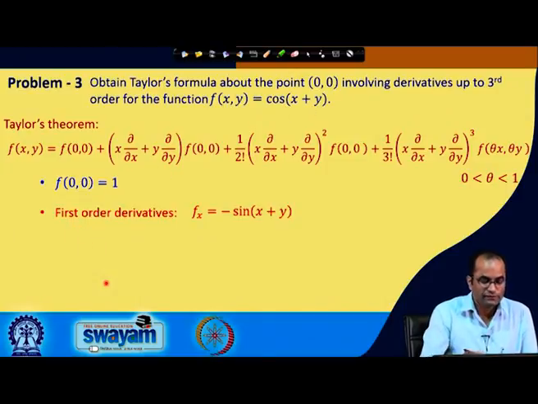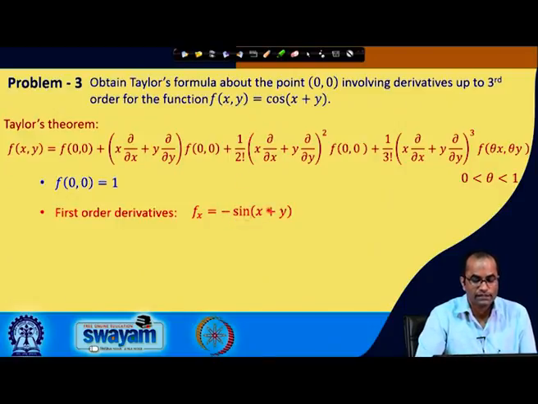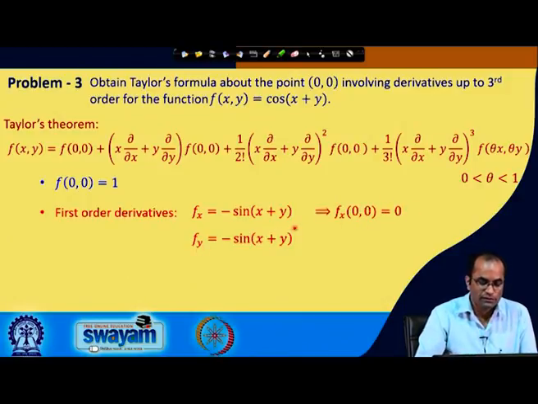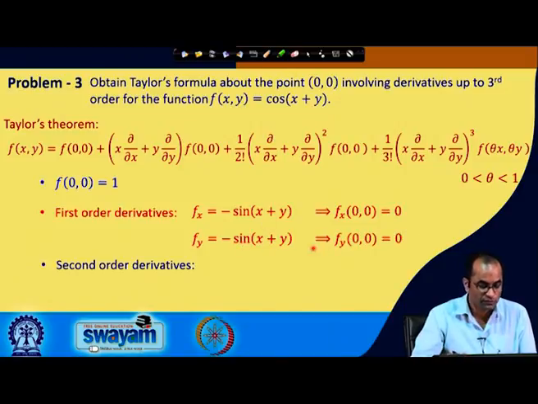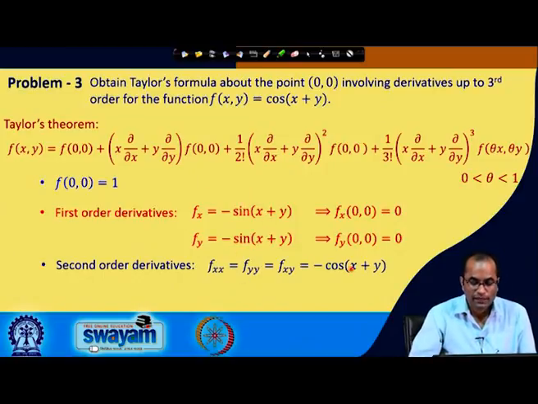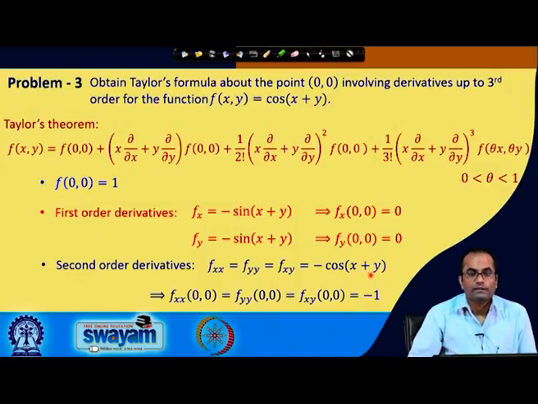Then the first order derivatives: f_x is simply minus sin(x plus y), because cos gives minus sin, and at 0 this will be 0. The partial derivative with respect to y will again be minus sin, and this becomes 0 there. Similarly, for the second order derivatives, the sin becomes cos, and we have minus cos(x plus y), which we can evaluate at the point 0, and this will give us minus 1.